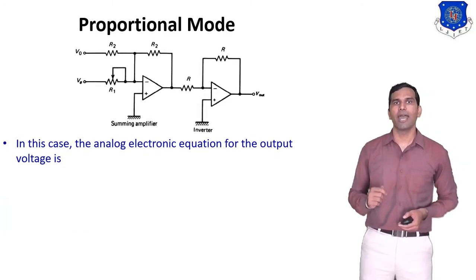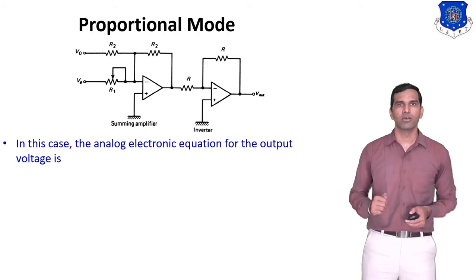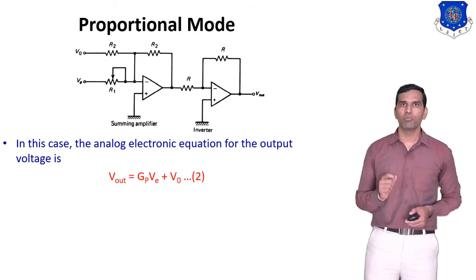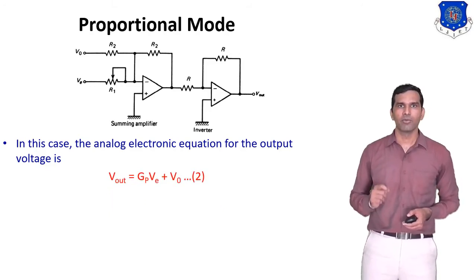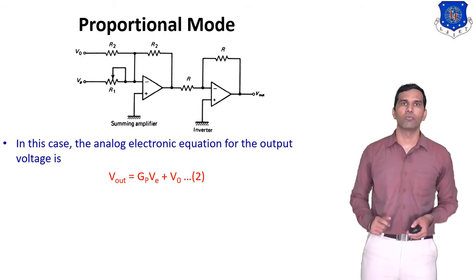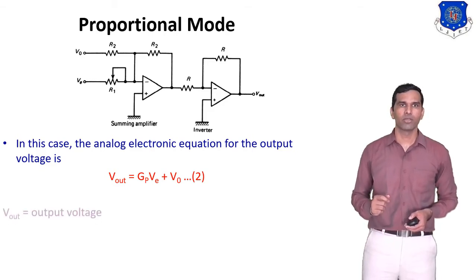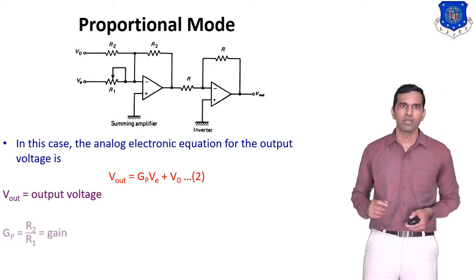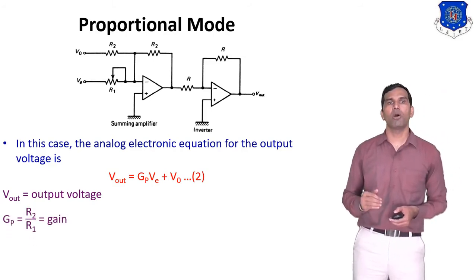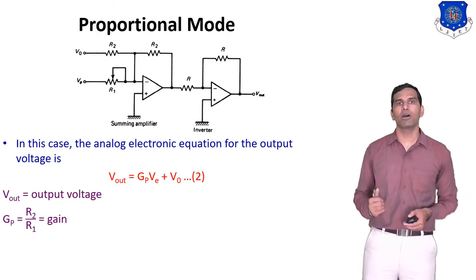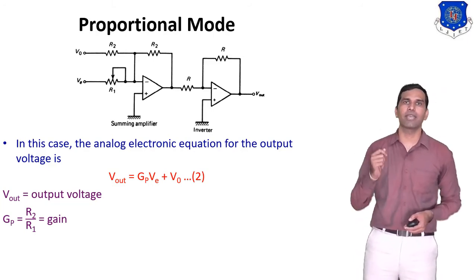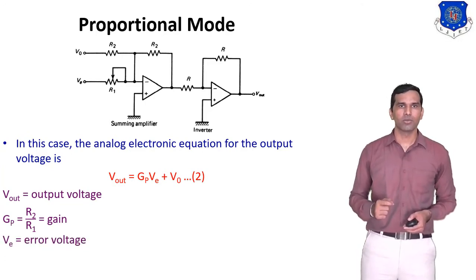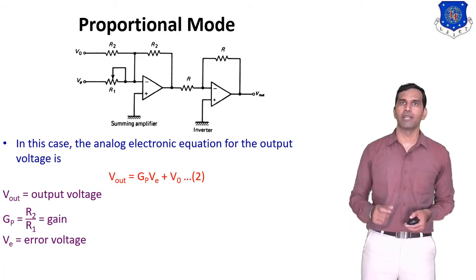In this case, the analog electronic equation for the output voltage is Vout = Gp Ve + V0. Here Vout is the output voltage, Gp is the ratio of resistors R2 by R1, which is the gain of this controller, and Ve indicates the error voltage.